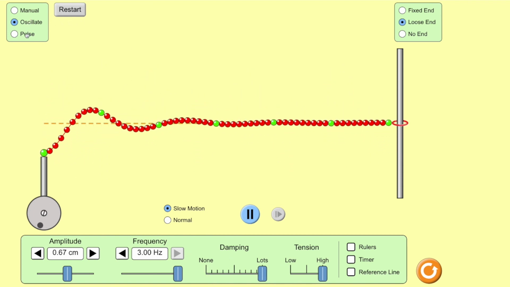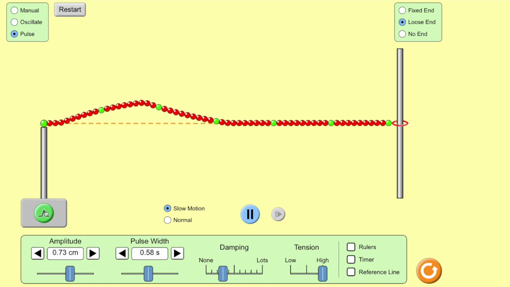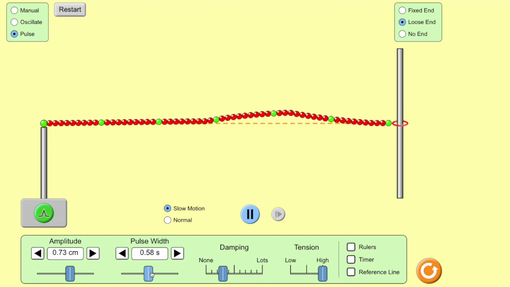Finally, there is also the option to have a pulse. So what is a pulse? So basically what you do is you click it once and it will send one complete wave, and that's it. You can change the amplitude, you can change the pulse width. Okay, so you just click the green dot, and it will send one wave.